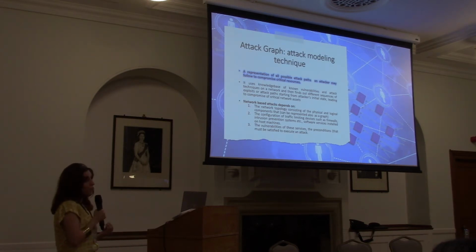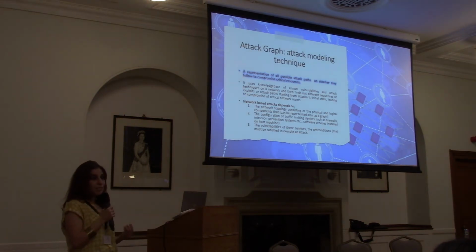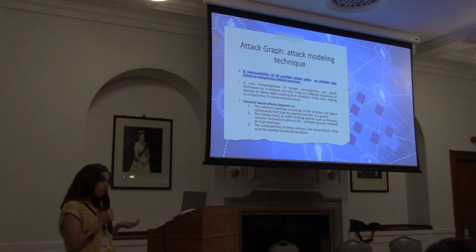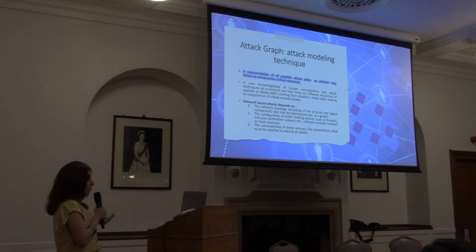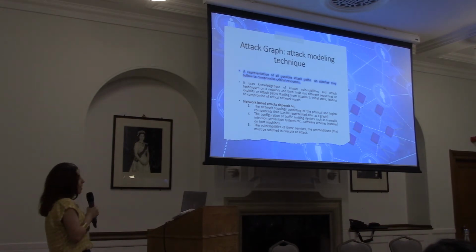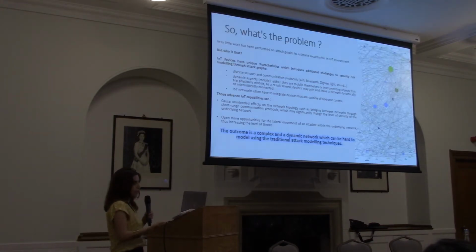And in order to do it, we need to know information such as the topology that we have, the devices in the topology, the vulnerabilities in those devices, the conditions that have to be satisfied in order to successfully exploit the vulnerabilities, and configurations such as firewall rules.